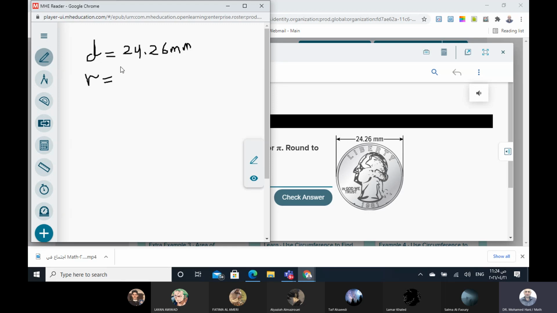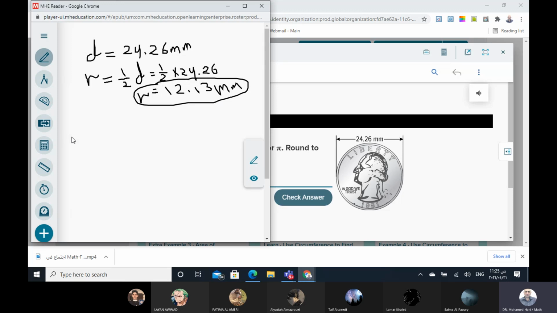The radius equals half of the diameter, which means half times 24.26, or 24.26 divided by 2, will be 12.13 millimeters. This is the radius.